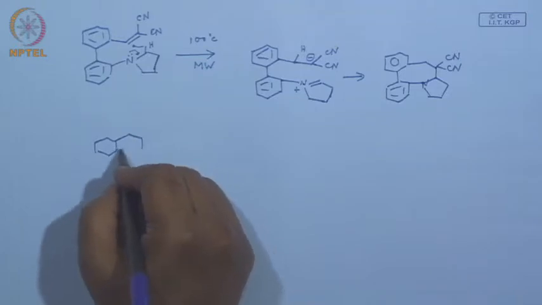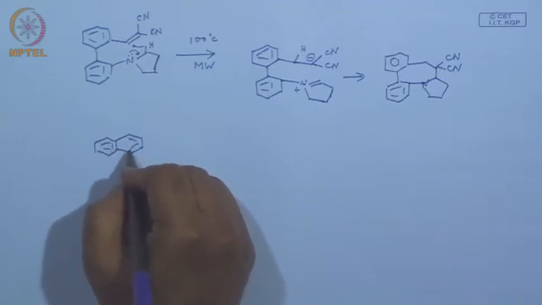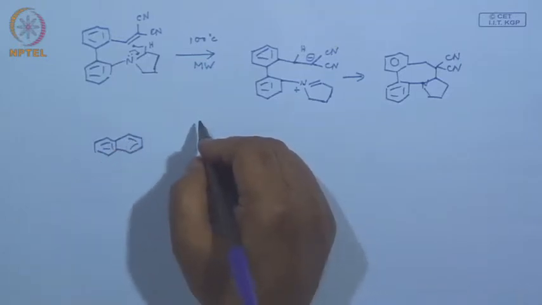Now the next example actually is for, I think, a 7-membered ring system, and so in this case it is a naphthalene case now. From naphthalene, if you want to make a 7-membered ring, so what can you do?